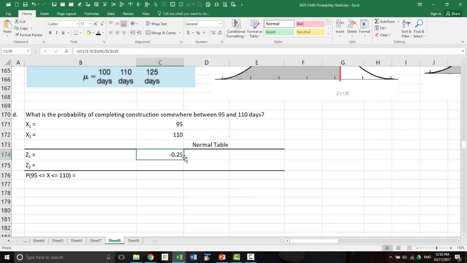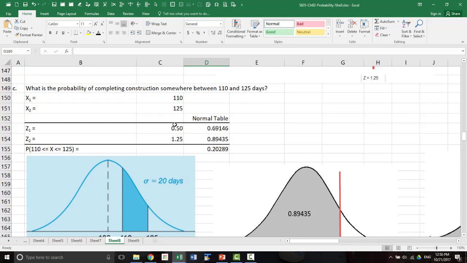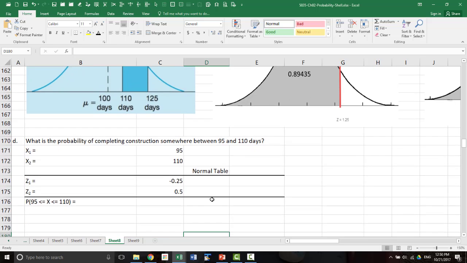Okay, so now we can copy that down and you get the z corresponding to x sub 2, and the border is gone, so put the border back. All right, now for z of 0.5 we already know what the normal table value is, which is 0.69146.